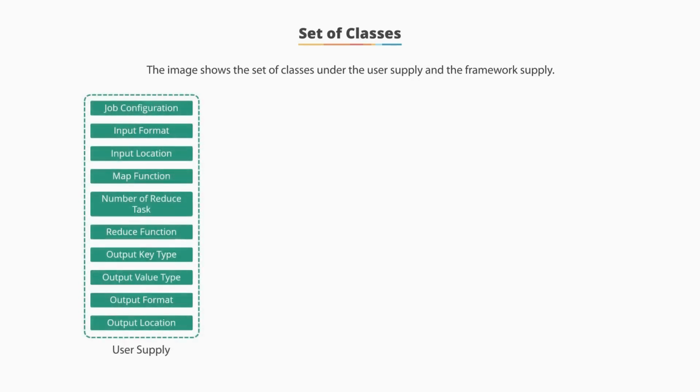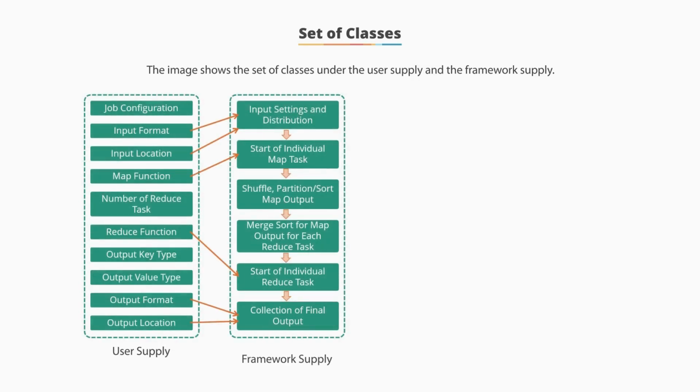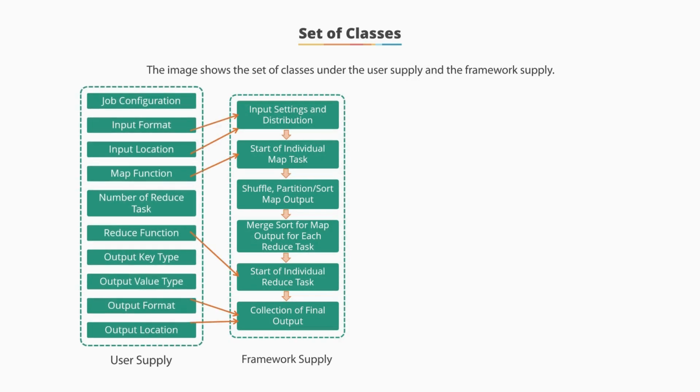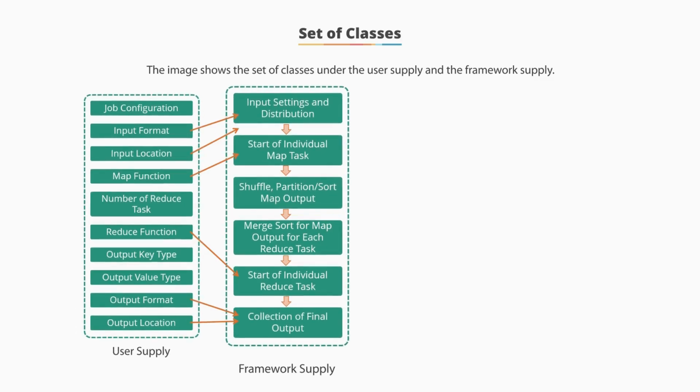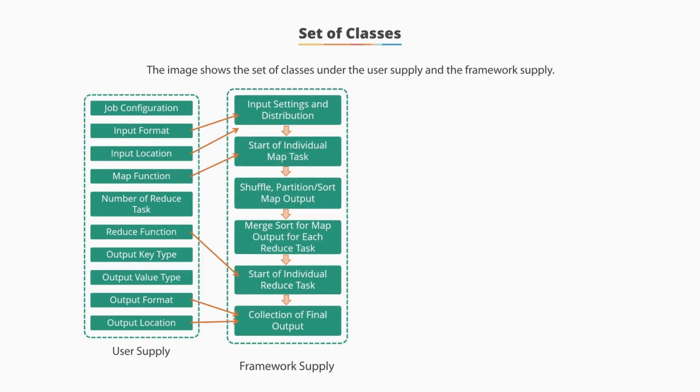Set of classes. This image shows the set of classes under the user supply and the framework supply. The user supply refers to the set of Java classes and the methods provided to a Java developer for developing Hadoop MapReduce applications. The framework supply refers to defining the workflow of a job, which is followed by all Hadoop services.